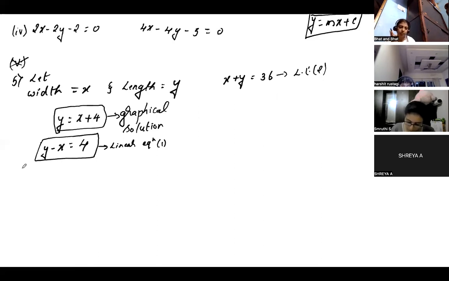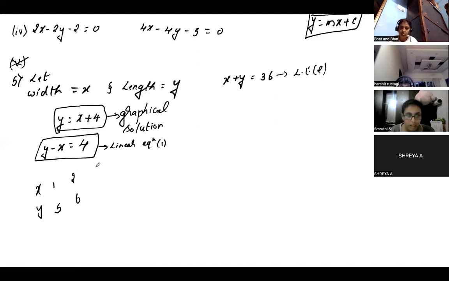Okay. Smriti, what about you? Did you get them coincident line? Intersecting lines? For the first equation, I took x is 1 and y will be 5. Then 2 and 6.